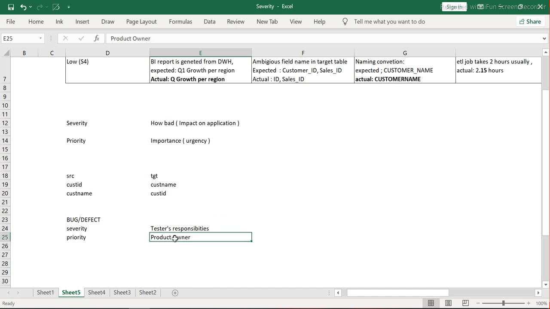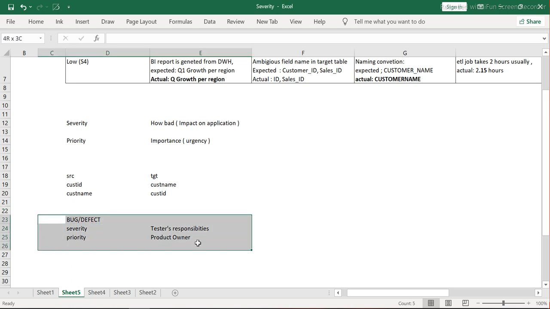But it is not solely his responsibility, because as a tester you don't know whether this needs to be fixed immediately or it can wait longer, right? That's the reason there is a defect triage meeting, and in that meeting everything is decided, guys. Okay, so this is the last bit that I wanted to cover: who decides the severity and priority on a particular defect, right?